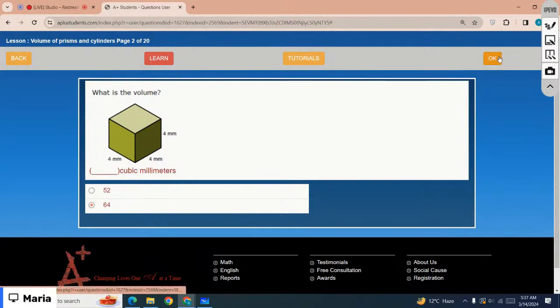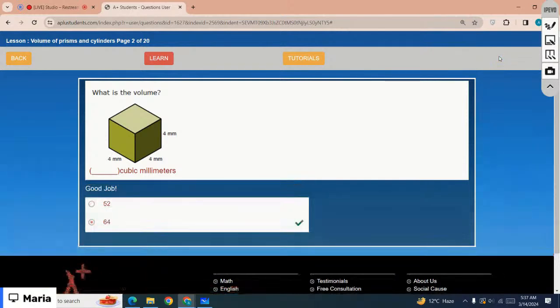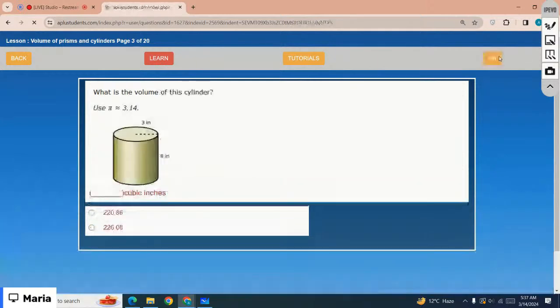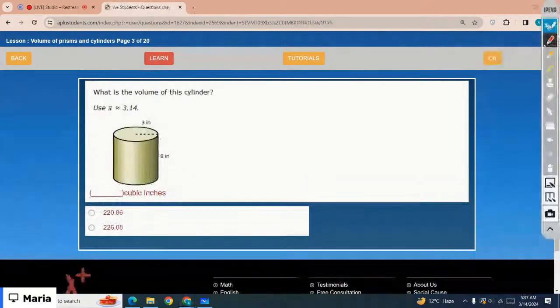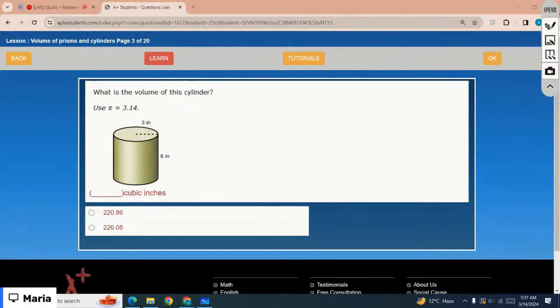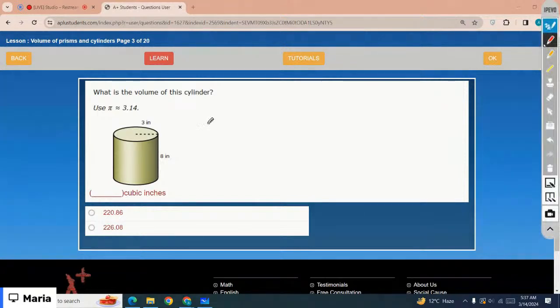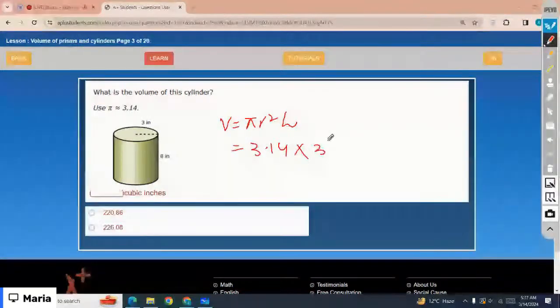Okay, the next one is, what is the volume of the cylinder? The volume of the cylinder is V equals pi r square H. So pi is 3.14, r is 3 squared, and H is 8.